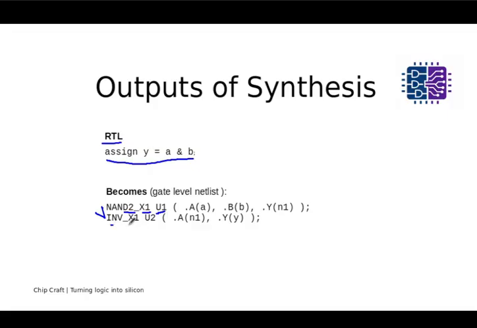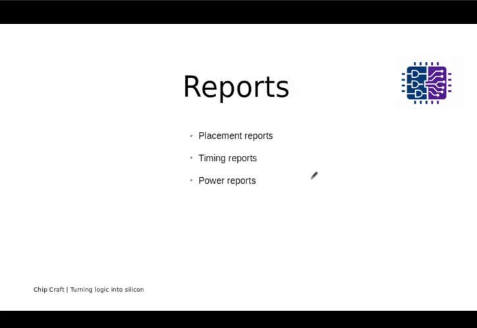Similarly for the inverter, X1 is the driving strength, U2 is the instance name, and A and Y are the port names. Along with the gate-level netlist, we also get some reports from which we can verify whether the requirements are met or not. Basic reports are placement reports, timing reports, and power reports. In placement reports, we will see the number of cells we used from the library, the number of flops, and the total area of the chip.